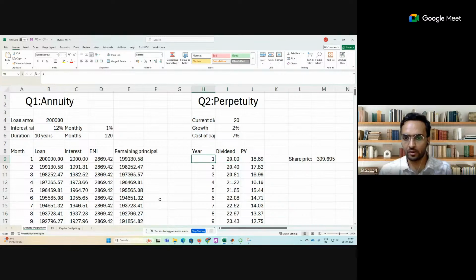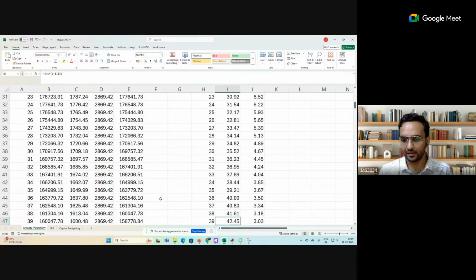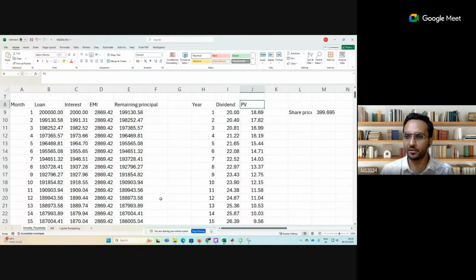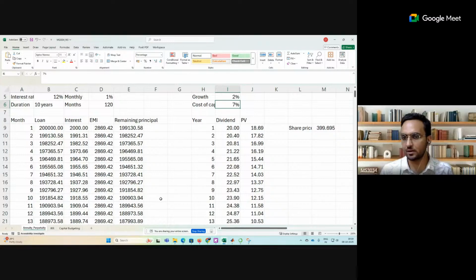We calculate the dividends for each year, let's suppose for 100 years. In the first year it is 20 rupees, then it grows by 2% each year, and at the end of 50 years the dividend is 52 rupees 78 paisa. Now we compute the present value according to this discount rate.